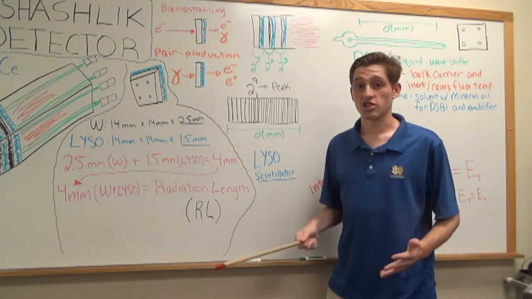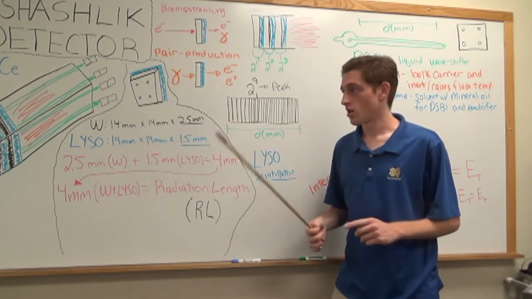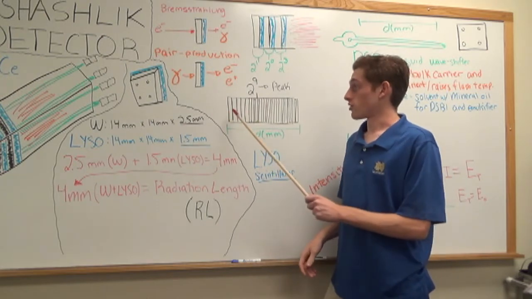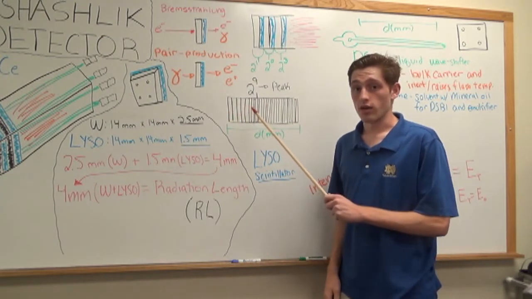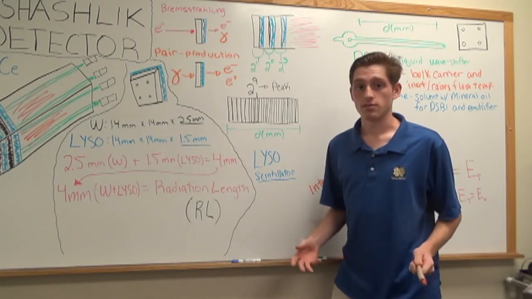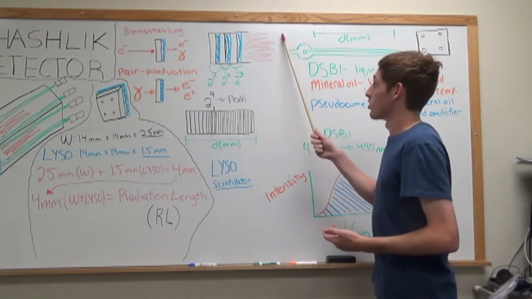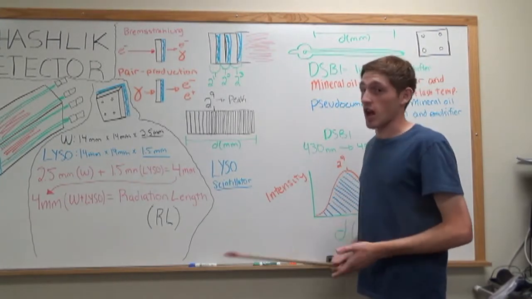So, the dense tungsten will stop it, but not all at once. However, the farther down these particles go into the Shashlik, the more likely they will be stopped. This is a lot of particles, and with it, it creates an electromagnetic shower.